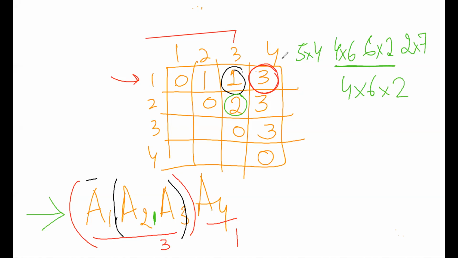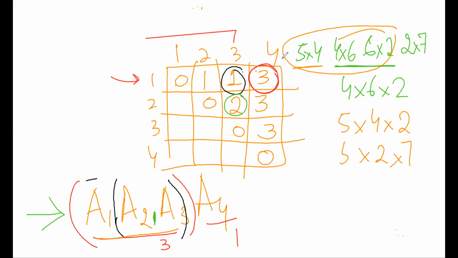Okay, then according to this, we have to multiply A1 with this. So when you multiply A1 with this, the final order will be 4 cross 2. So the number of multiplications will be 5 into 4 into 2. So now this part is complete. What will be the final order of this matrix? 5 into 2. So 5 into 2 into 7.